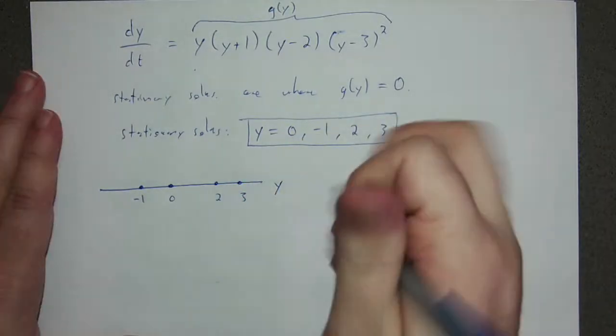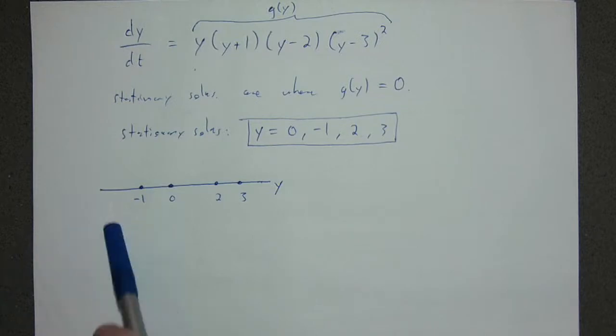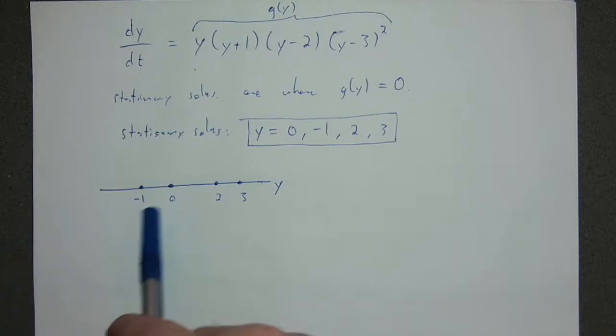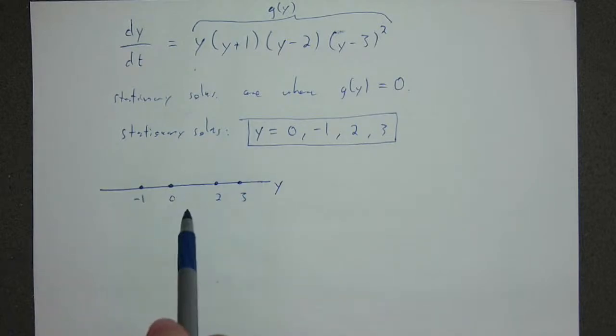And so these stationary points, or these stationary solutions, divide up the y values into pieces, right? There's the piece to the left of minus 1, so everything less than minus 1. Between minus 1 and 0, between 0 and 2, between 2 and 3, and to the right of 3, or greater than 3. Okay, so at each of these points, the value of the right-hand side is 0.